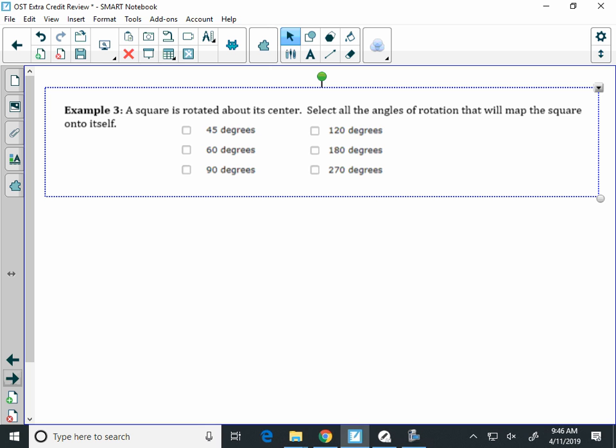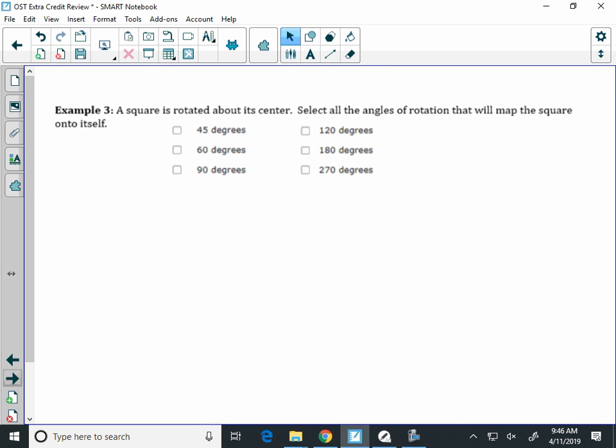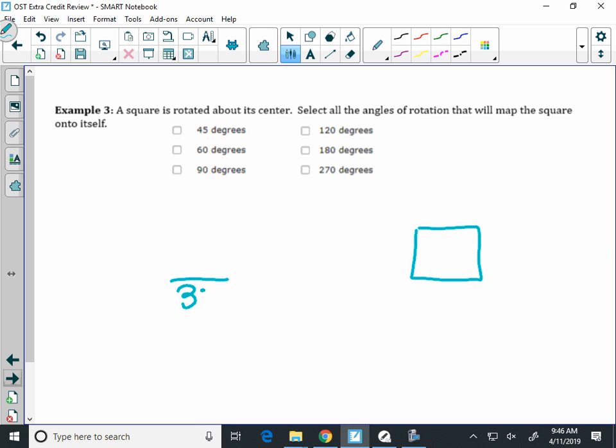If we take a look at the last example, it says a square is rotated about its center. Select all the angles of rotation that will map the square onto itself. It might be helpful to draw it. We first have to figure out the square's angle of rotation.